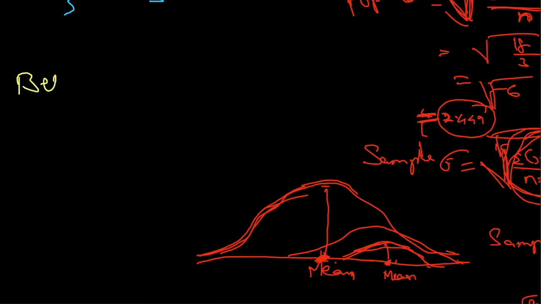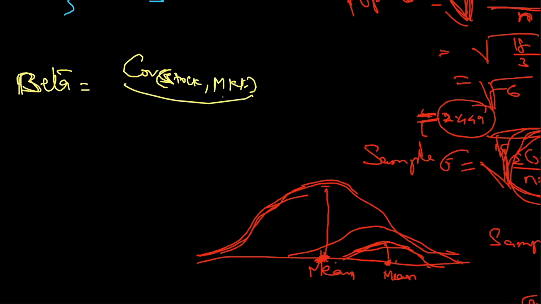So beta is equal to covariance of the stock and the market. So x and y variables I took, right? So in this case, it will be covariance between stock and the market. So if stock is x, market is y. So this way you have to think, stock and market. So I'm finding the relationship between a stock and the market.